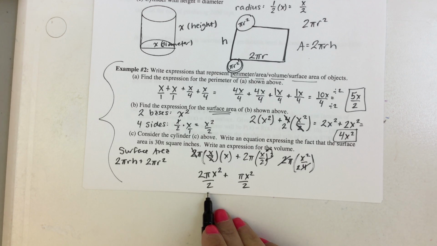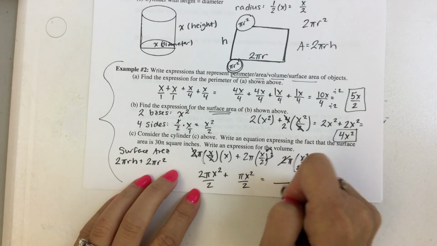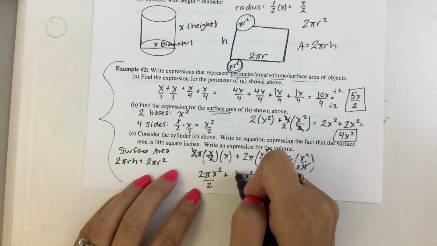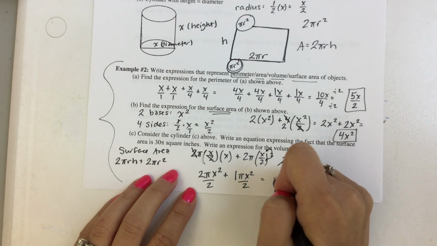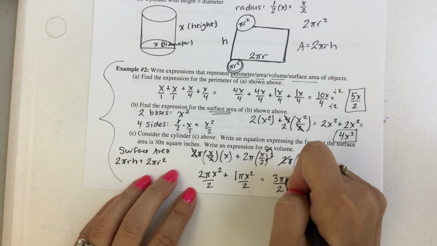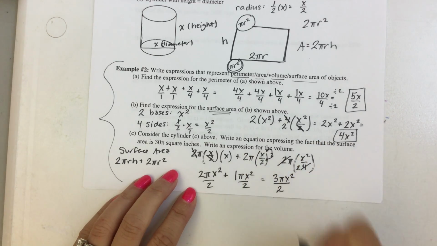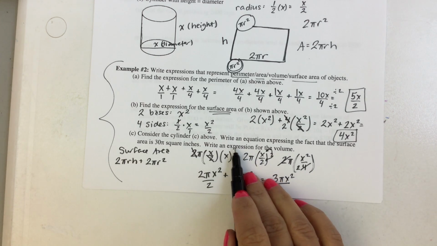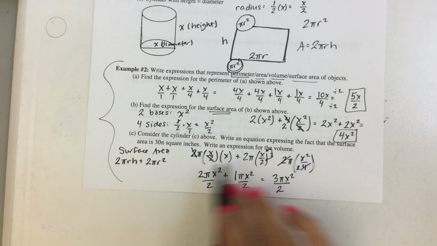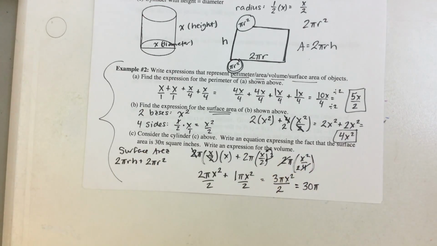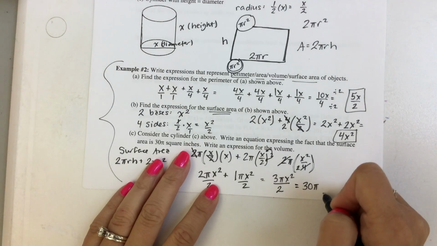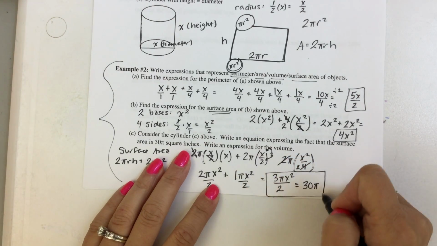So in order to make a common denominator, I would have to multiply both top and bottom by 2. My common denominator stays. This has an unwritten 1. 2 pi x squared plus 1 pi x squared is 3 pi x squared over 2. That is your surface area. And it says write an equation expressing the fact that the surface area is this equals 30 pi. So we are done right there, folks.